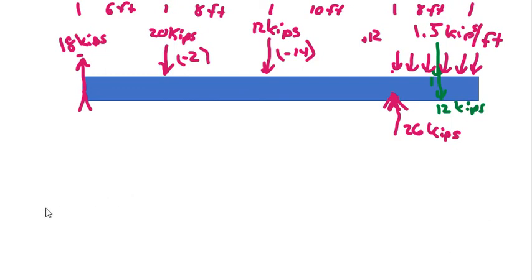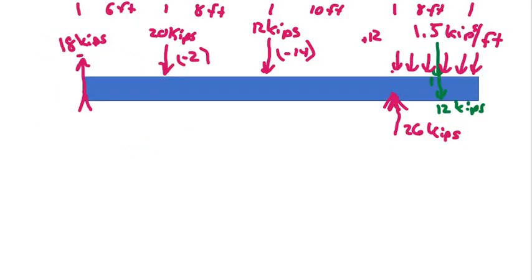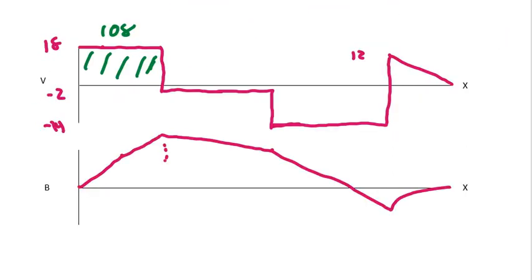The area of this is 108, and it's 108 kips feet. So where does this get to? This gets to 108 kips feet. But that's what it works out to be.